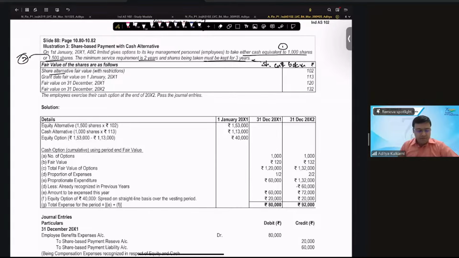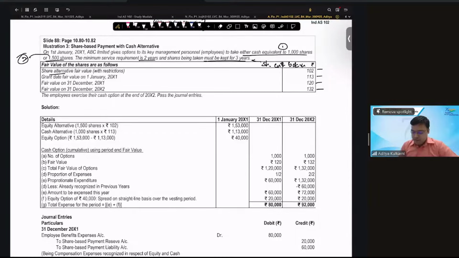Share alternative fair value with restrictions 102. Grant date fair value of a plain share 113. Fair value on December 20x1 120. Fair value on December 20x2 132. Employees exercise the cash option at the end of the second year. Pass the journal entries.